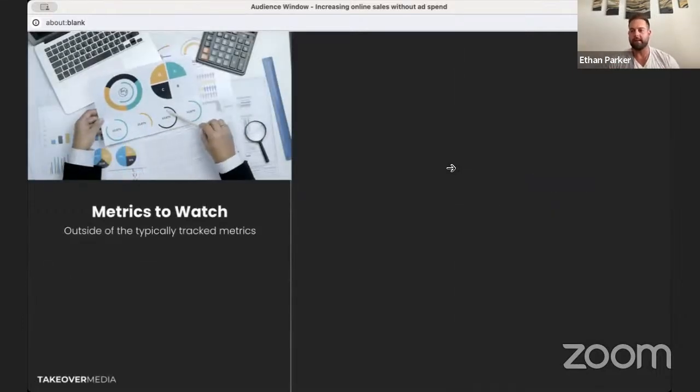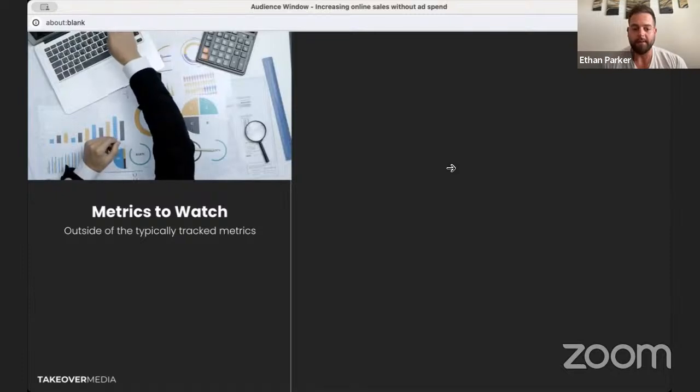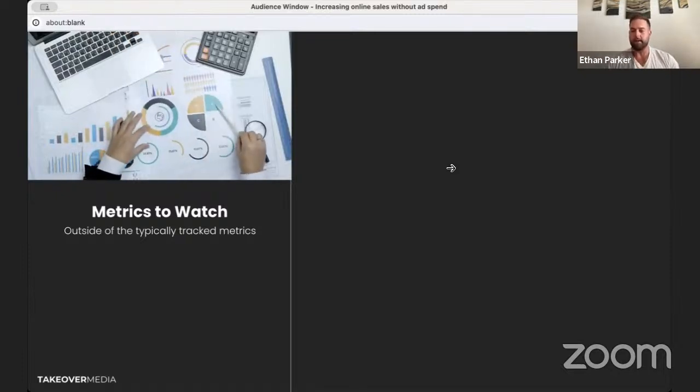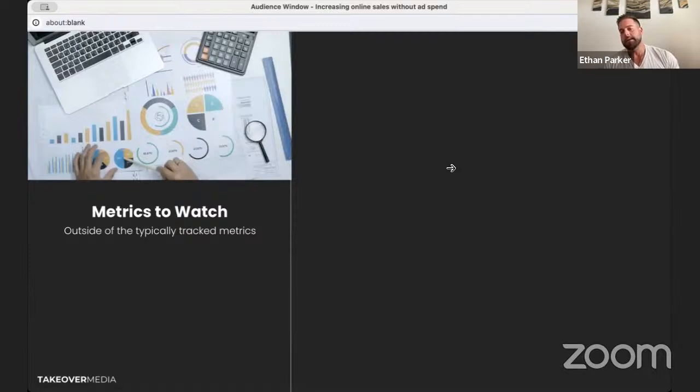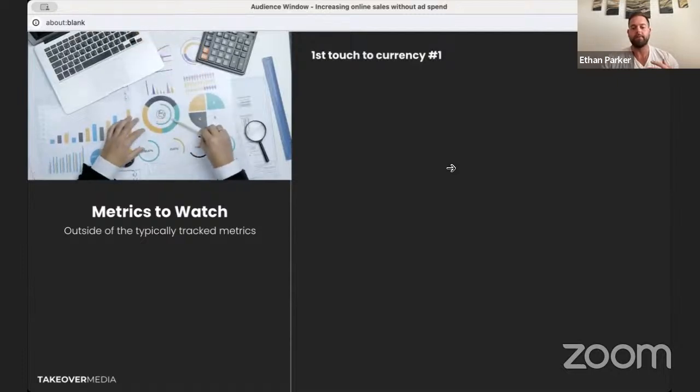All right, last thing, and then I'll wrap it up if we don't have anything over there. Metrics to pay attention to, outside the typicals, obviously like LTV, average order value, things of that nature, traffic, conversion rate. Track all those things, of course, in addition to what I love to leverage. You have to have something like Segmetrics to do this, but it's first touch to currency, number one.